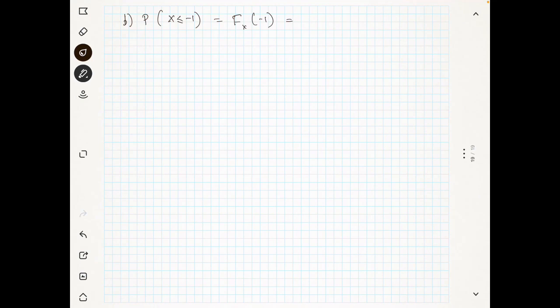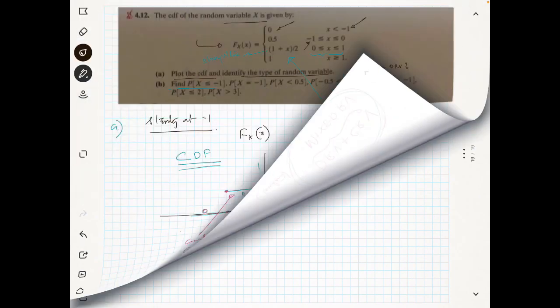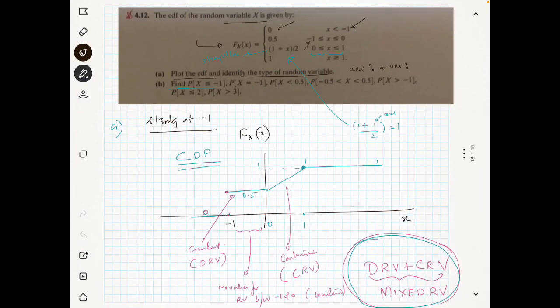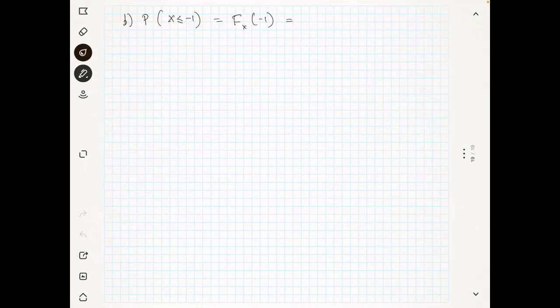You know Fx of -1 is 0.5. We have seen this, whenever it is -1, it is 0.5. So that is the answer.